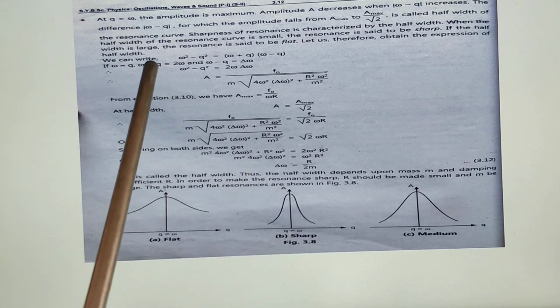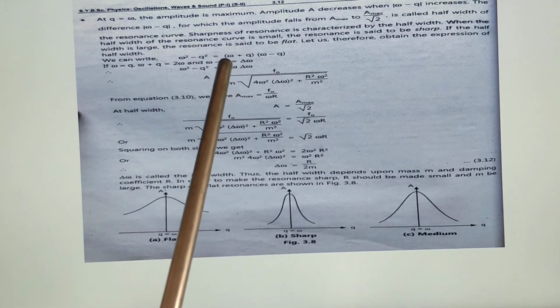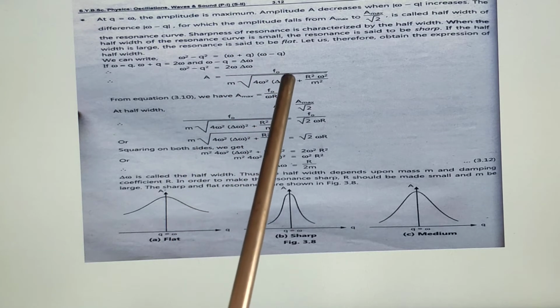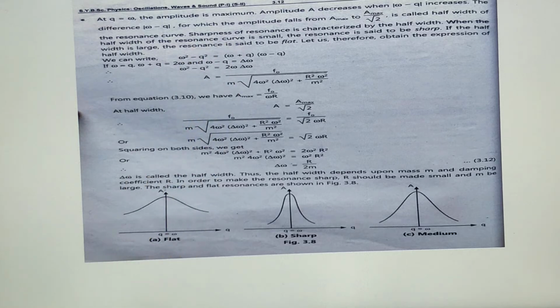Okay. So according to the definition of half width, when the half width of the resonance curve is small, the resonance is sharp, and if the half width is large, then the resonance is said to be flat.